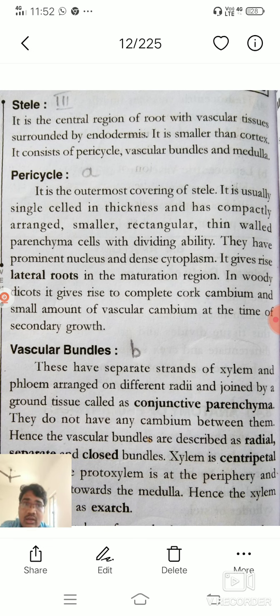The cortex is differentiated into three regions: exodermis, general cortex and endodermis. In the same way, the stele is also differentiated into the pericycle, vascular bundles and medulla. The pericycle is the outermost covering of the stele.